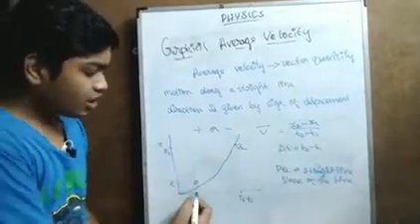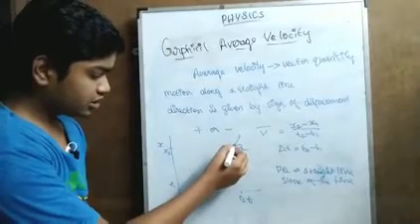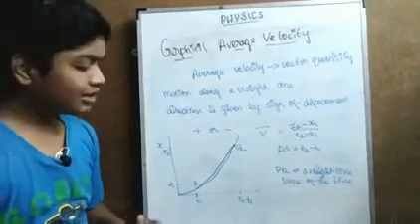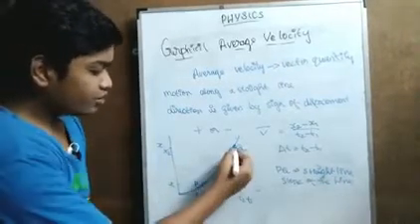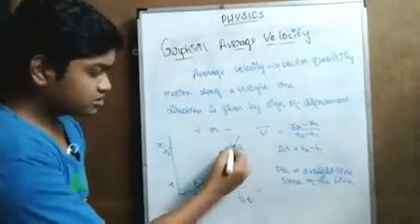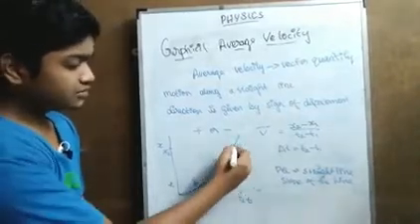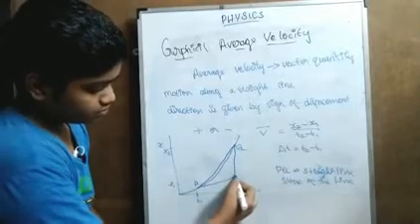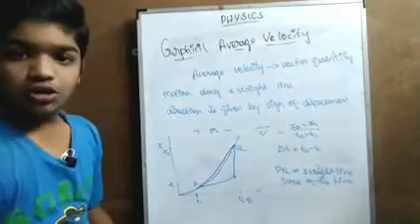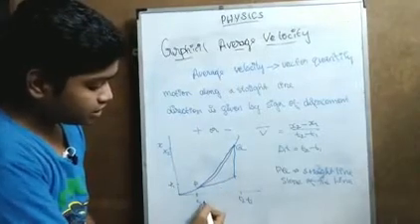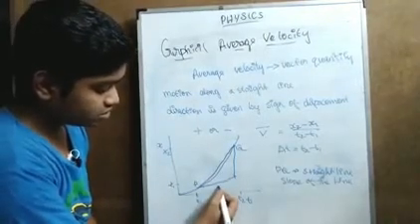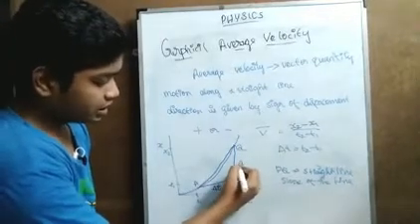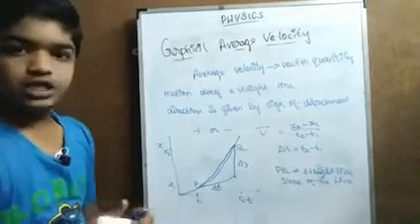Now here we can draw a straight line from P to Q. If we draw a slope here, this value is del t, and this value is del x, that is x2 minus x1.